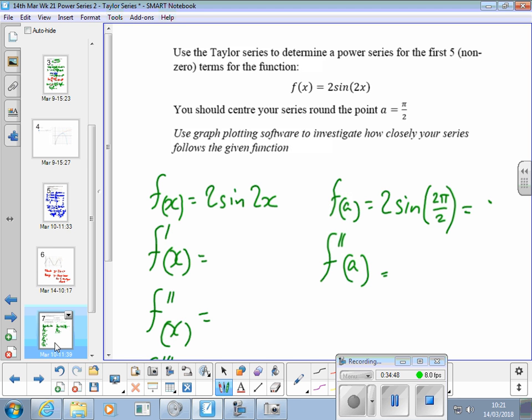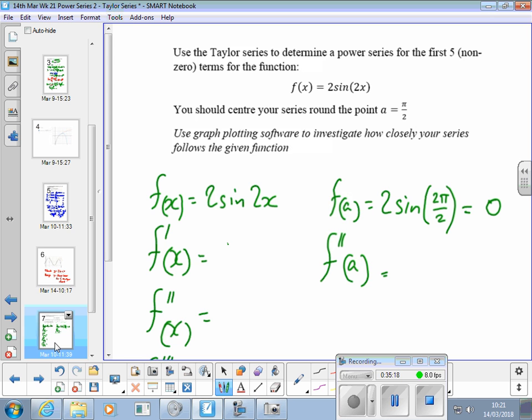Times the sine of pi. Zero, innit? Everyone agree? First term 0.